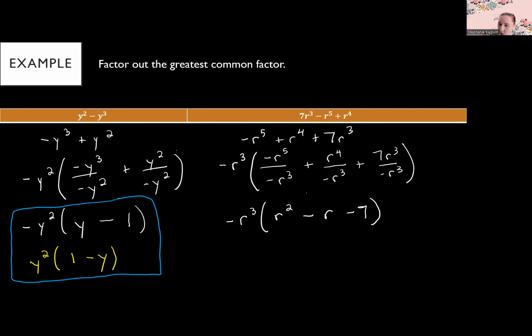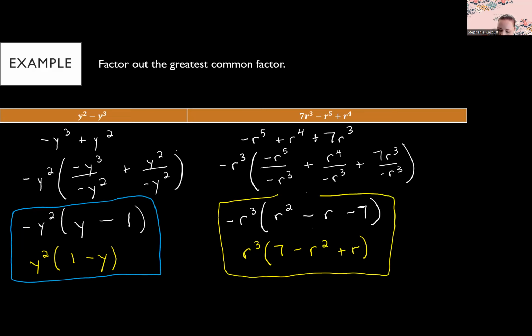Now, if you did not rearrange it, you would end up only factoring out a positive r cubed, and you would end up with instead 7 minus r squared plus r, if you didn't rearrange it the way that we did it. So both of these, again, are equivalent.